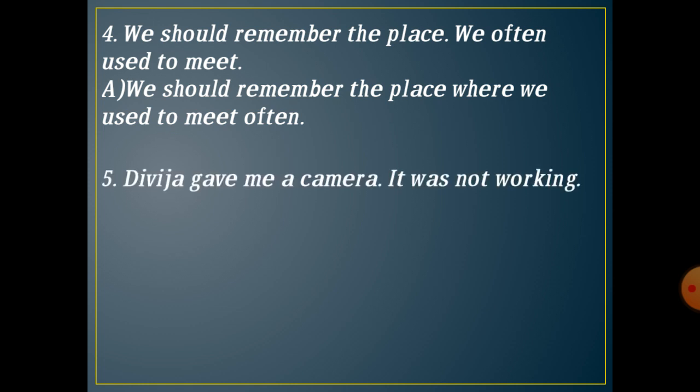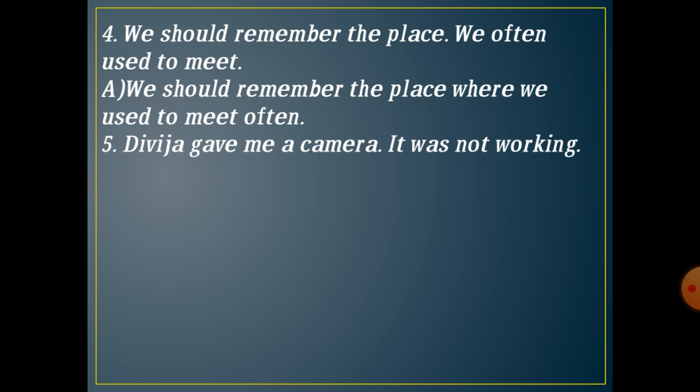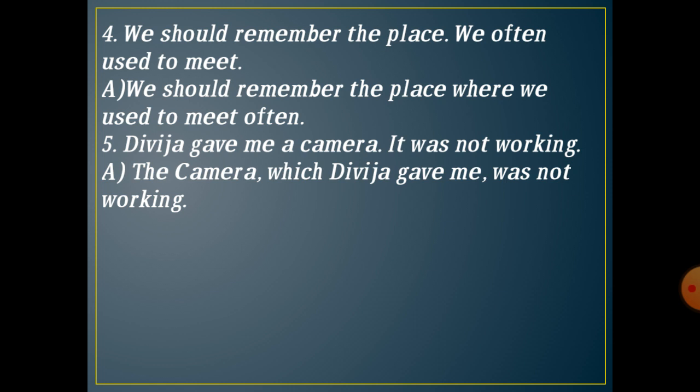Yes. Divija gave me a camera. It was not working. The sentence should be like this: The camera which Divija gave me was not working. We can also write it in that manner.